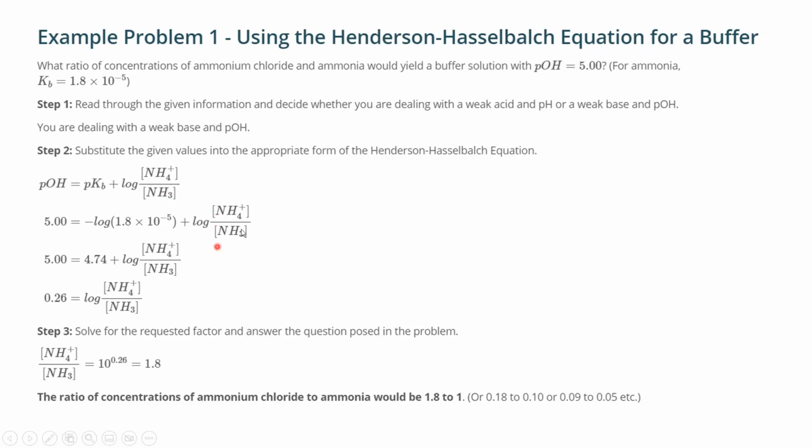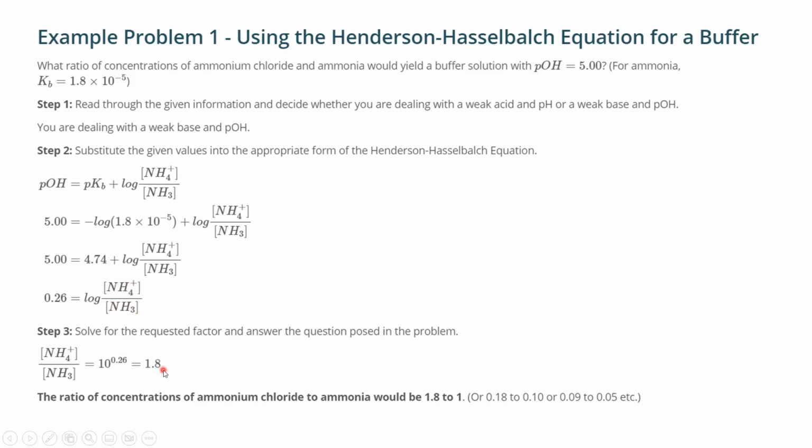So when we look at solving for it now, it's going to be that same idea. We can essentially just treat that entire ratio as one variable. So we'll get 0.26 is equal to the log of the ratio of those two ions. So if we raise both sides to the power of 10, we get 10 to the 0.26, 10 to the log of this, which is just going to then give us the ammonium over ammonia.